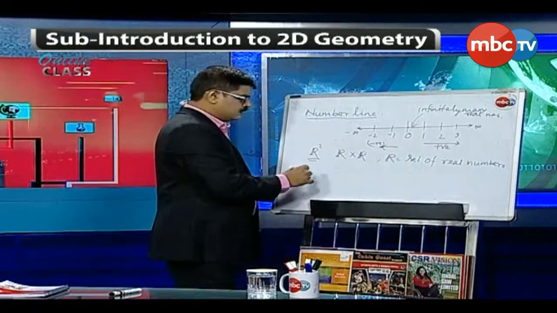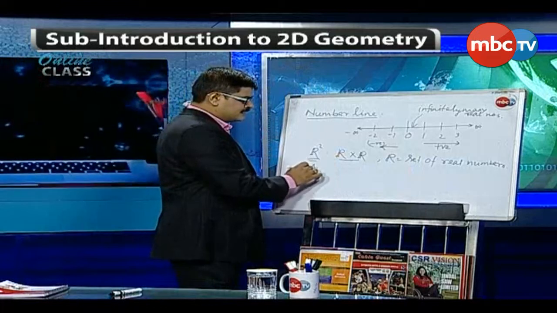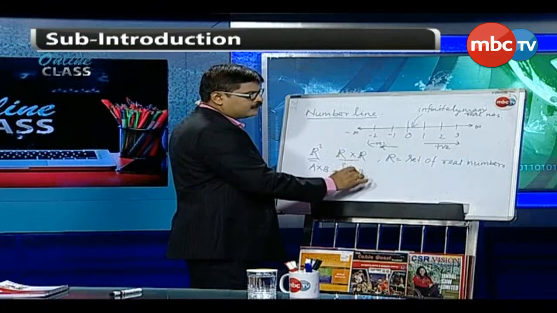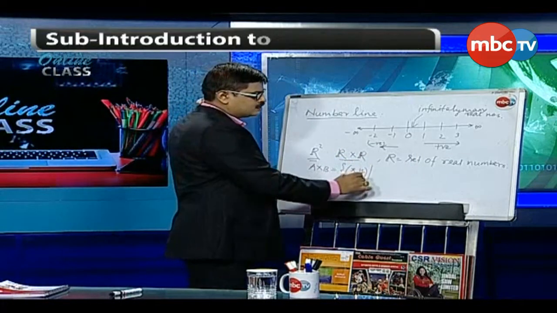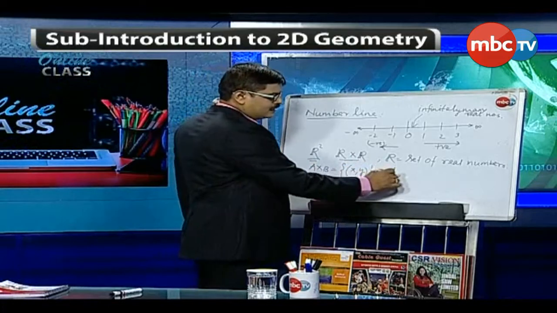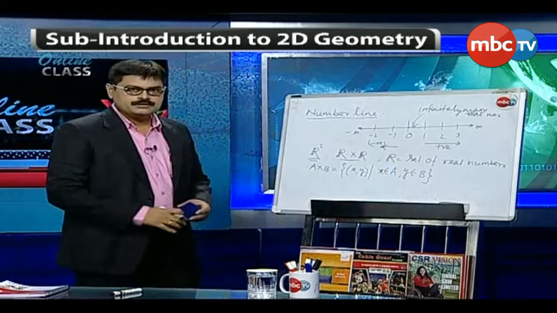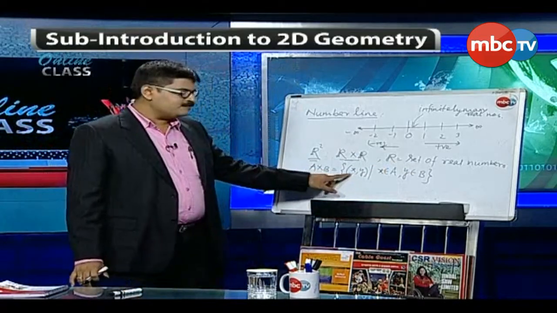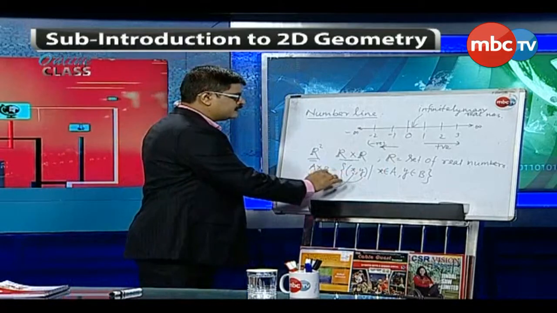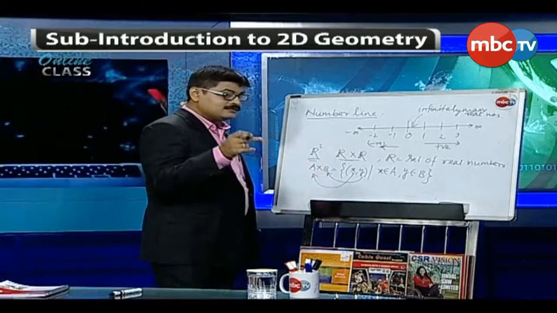If you can recall, the Cartesian product, again named after René Descartes, of two sets is the set of all ordered pairs (x, y) such that the element x is present in A and the element y is present in B. The first element is present in the first set, and the second element is present in the second set, and that is the order here.